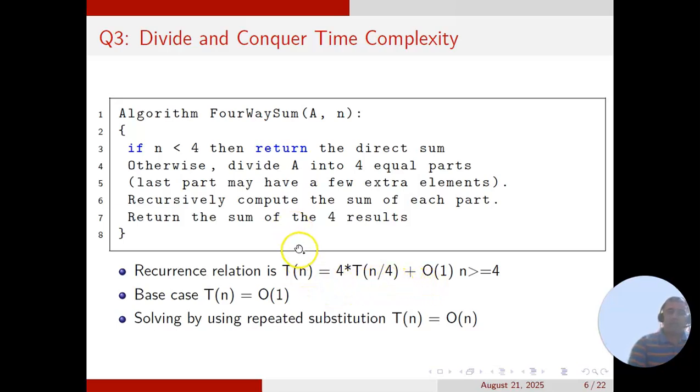Then if you assume that n is 4^k, we'll get T(n) as order of n, because 4 to the power log n base 4, the 4s will cancel out and then you will get n. The time complexity is order of n.